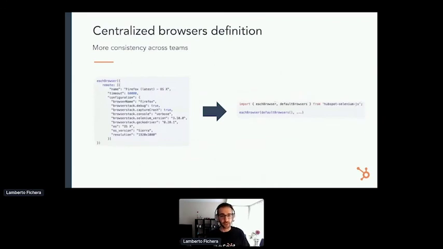Centralized browsers definition is, again, kind of a no-brainer. Instead of having everyone specify their own options, we provide a default browsers helper, which just returns all the browsers that we consider the default to run on. Obviously, you can customize that, but generally that should be the exception rather than the norm.